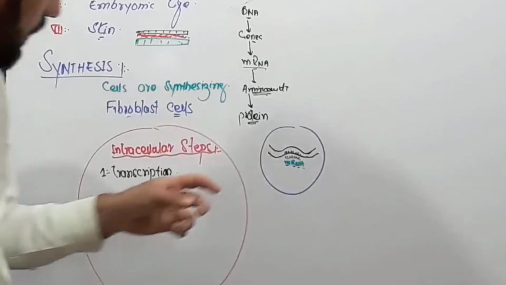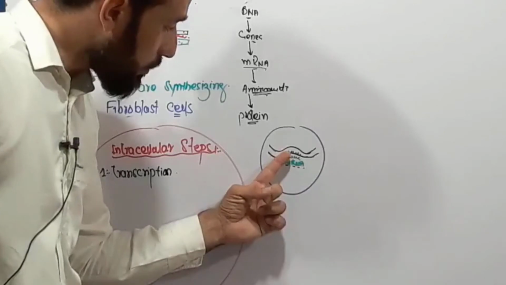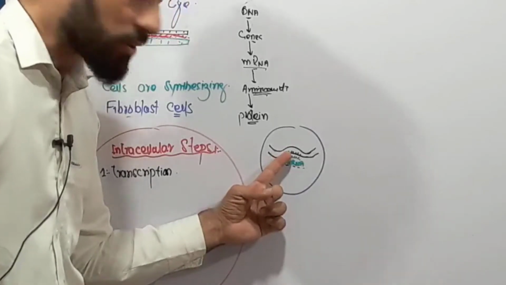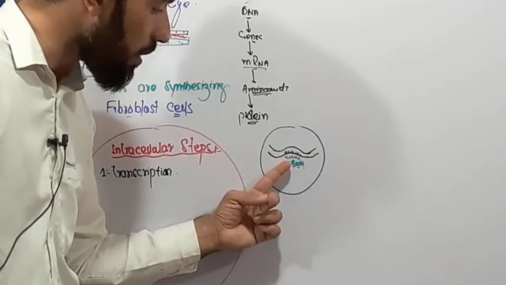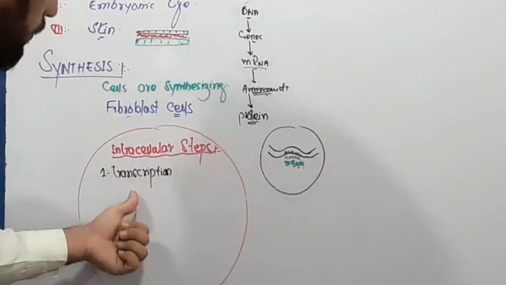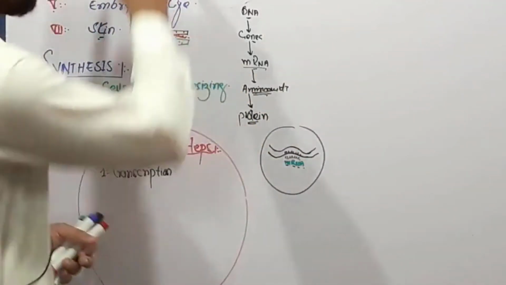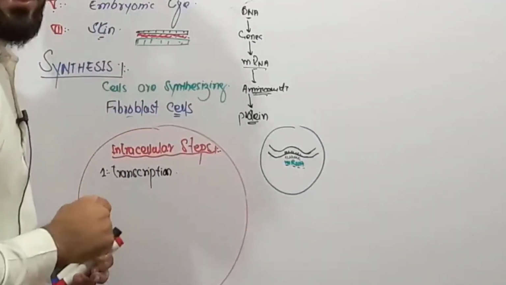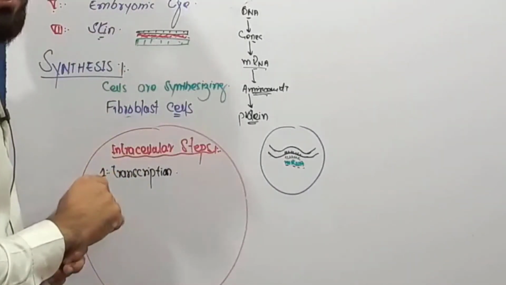You know better than me that transcription is a step in which the nucleotide sequence of DNA which contains genes is copied on an extra strand, and that strand is called messenger RNA. So first of all we should have codes for all those amino acids which are present, you know, I told you about 1050 amino acids are present, right?